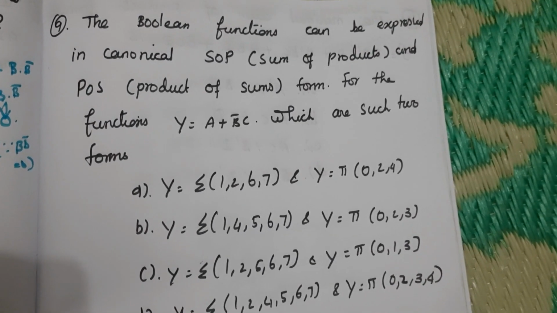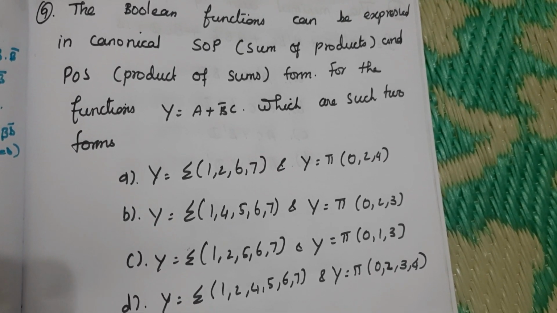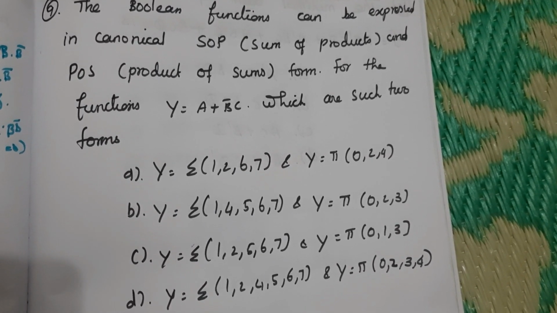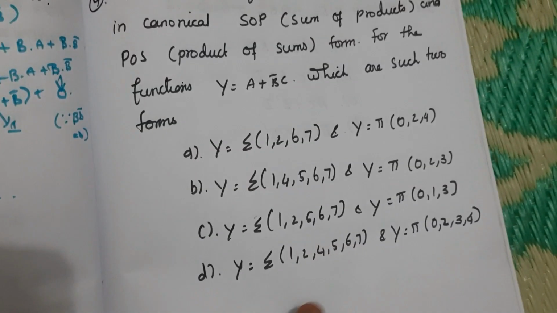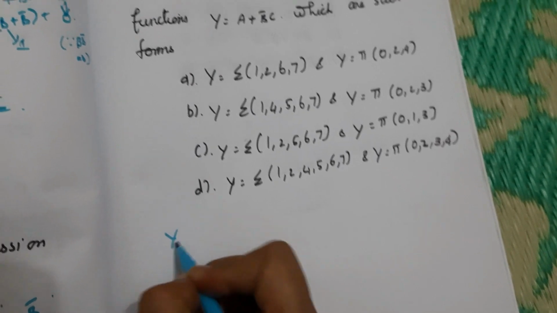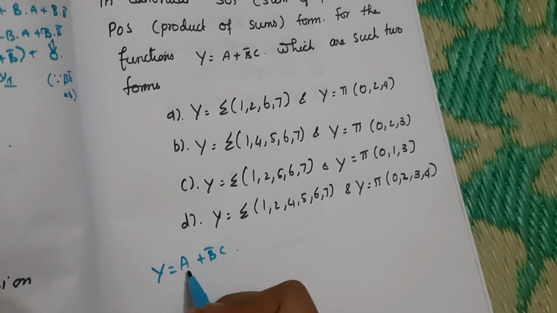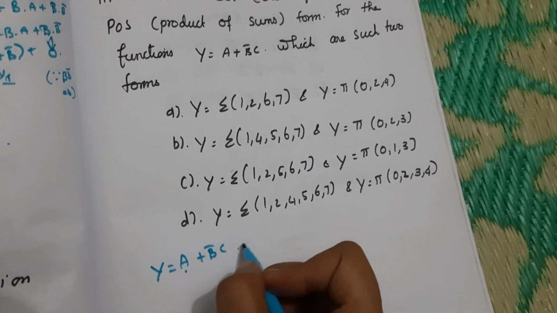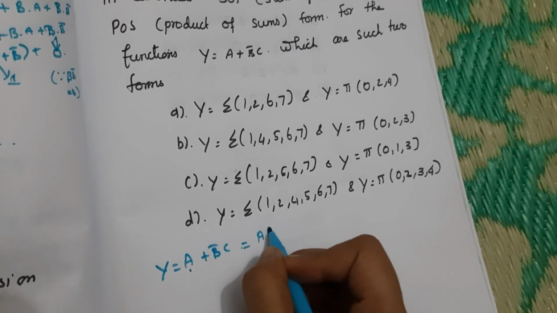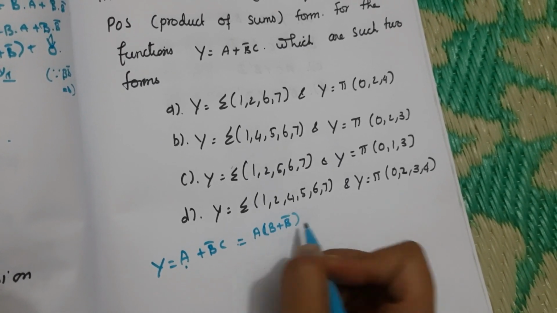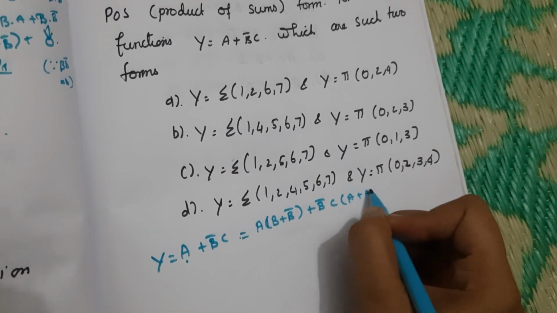Next question, the Boolean function can be expressed in canonical SOP, sum of products, and POS form for the function y = A + B'C. Which are such two forms? So first we have to fill in the missing terms. So here y = A + B'C means here B and C are missing. So first we have to fill that in. So we will get A(B + B') + B'C(A + A').